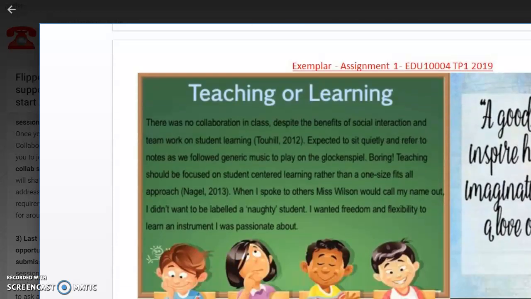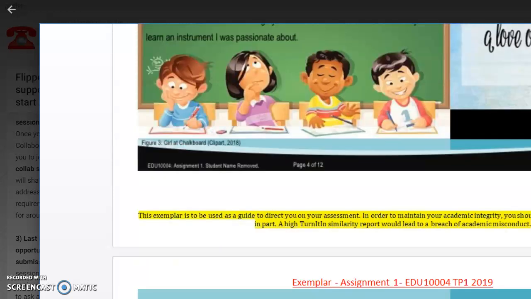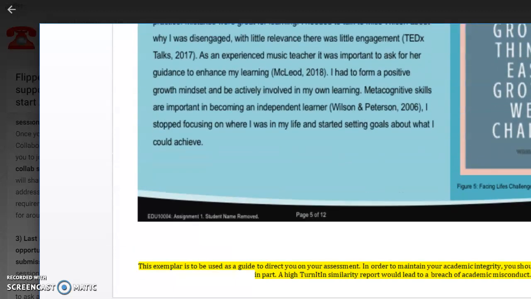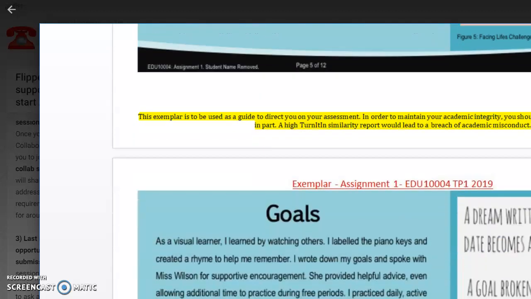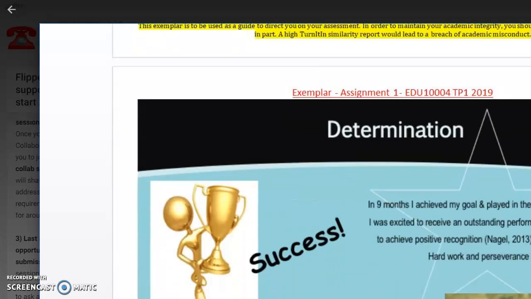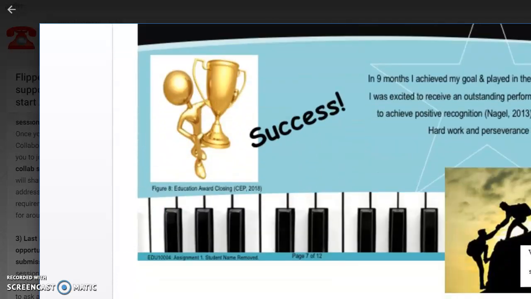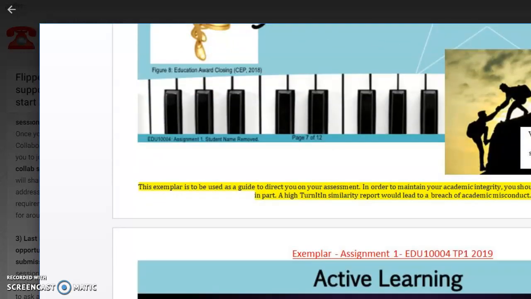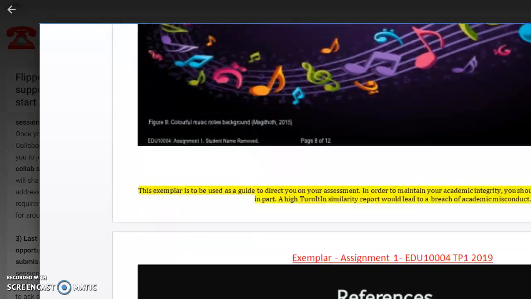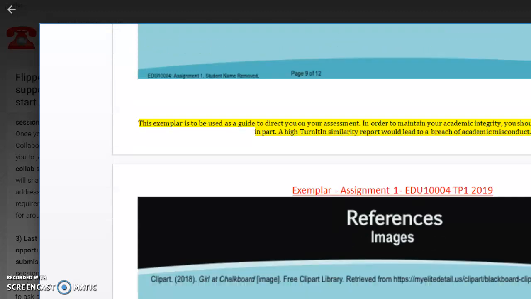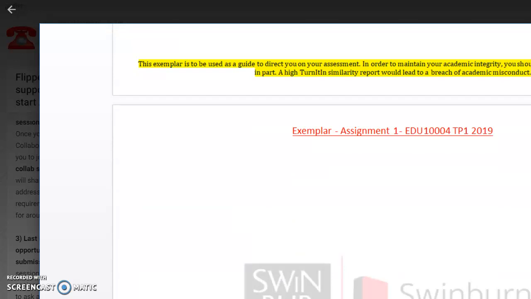We've already had the story, talking about teaching and learning, challenges. You can see we've got citations throughout, some lovely images. Our visual metaphor is included there, and it's even labelled so it's easy for the ELA to see that it's been included. Talking about active learning and some references there.